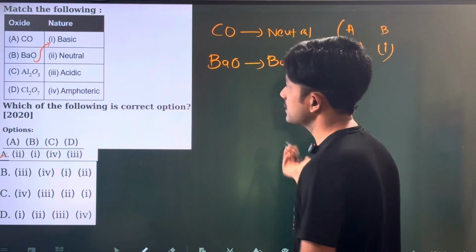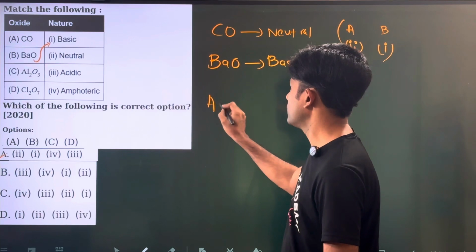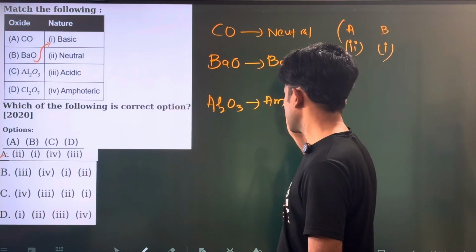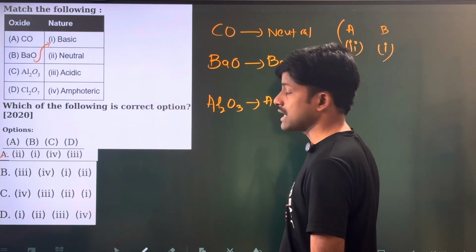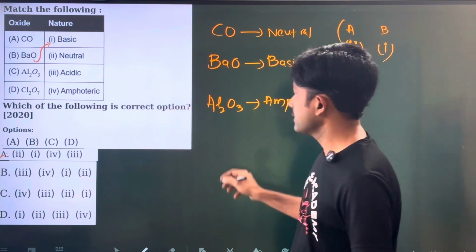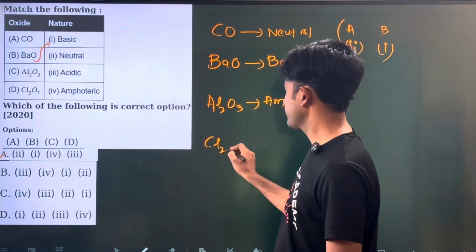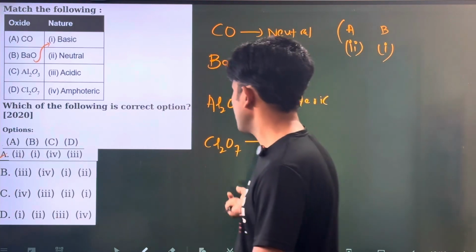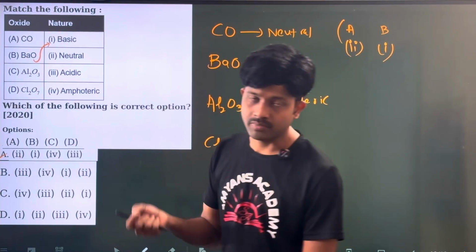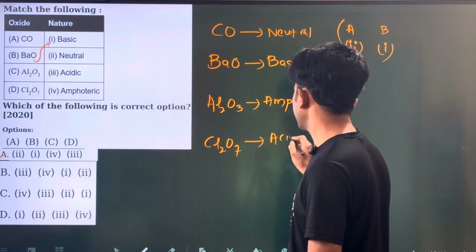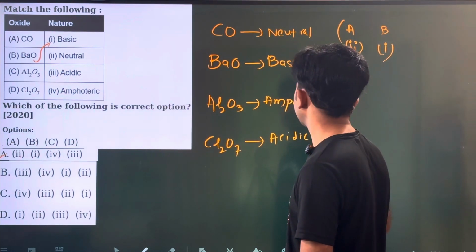Now the remaining: Al2O3 is an amphoteric oxide. It can react with acids as well as bases. You already learned this in 10th class also. And Cl2O7: remember, a compound with more oxygens behaves as an acidic oxide, and Cl2O7 is the acidic oxide.